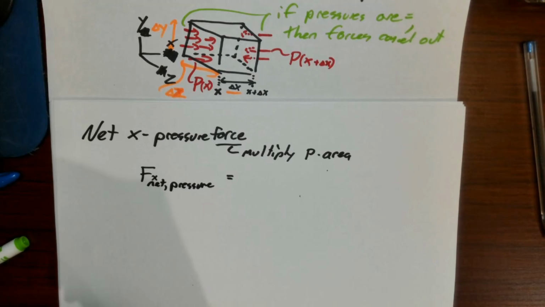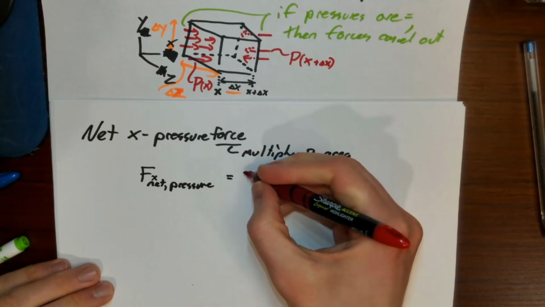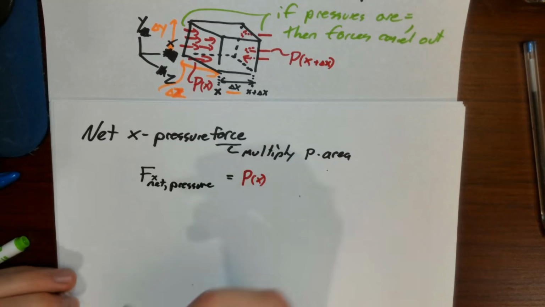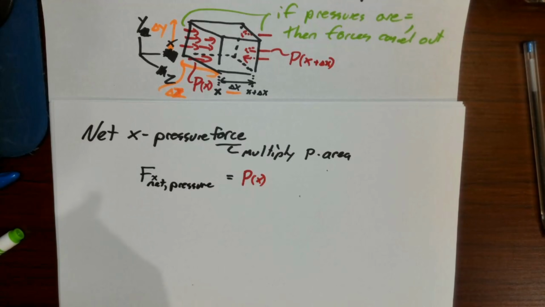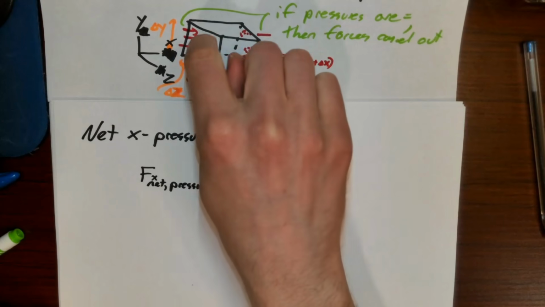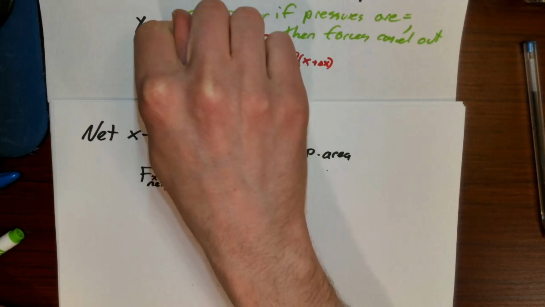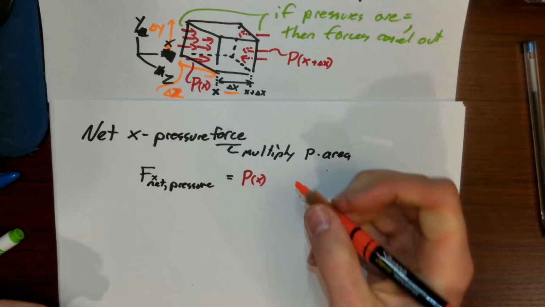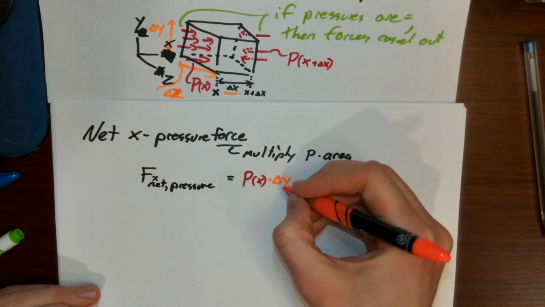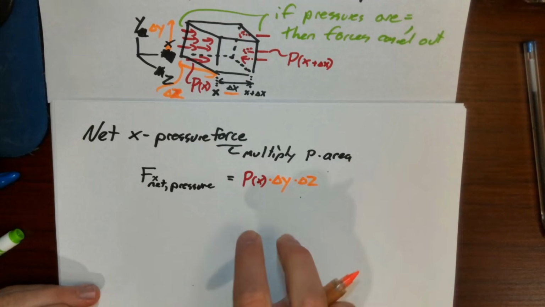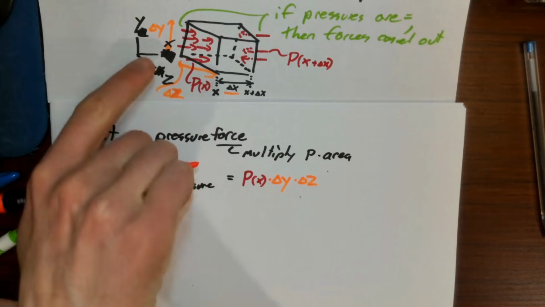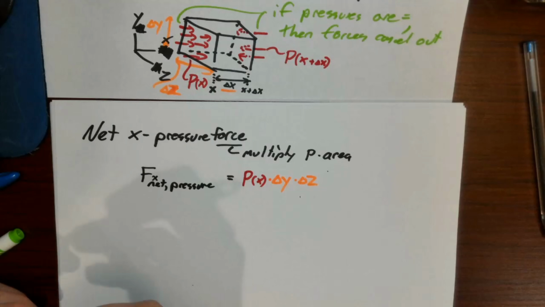So let's call it pressure at X times the area that this pressure is acting on, which would be delta Y times delta Z. So that's associated with this first force here.